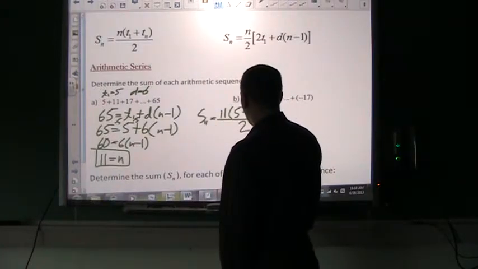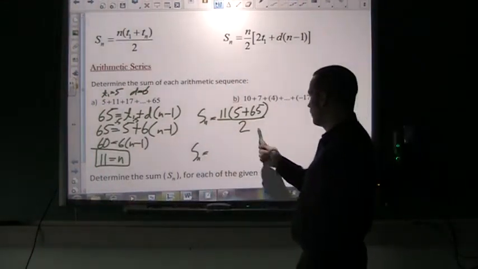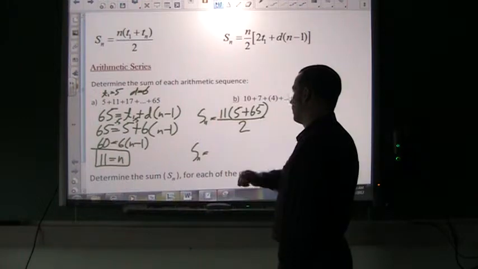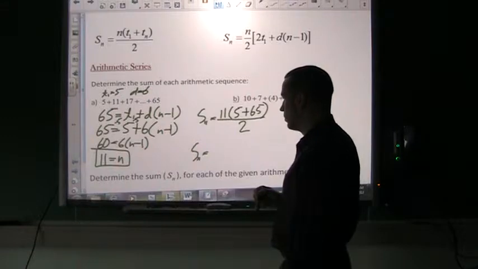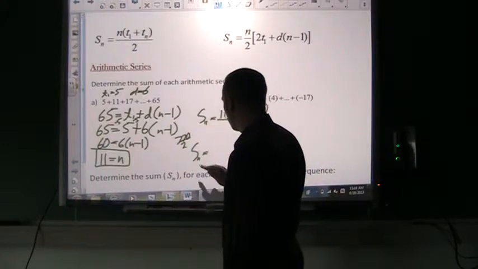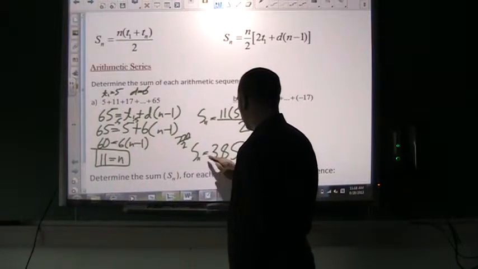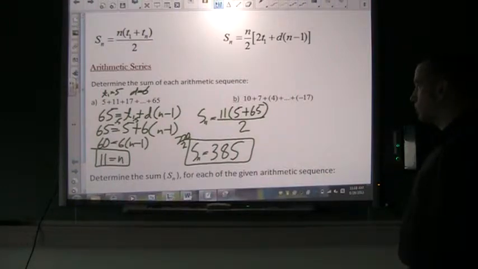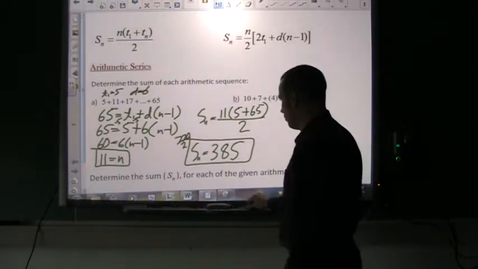So the sum of my 11 terms here, a little bit of quick math, 70 times 10 would be 700, but I've got 11 of them, so I've got 770. 770 divided by 2 is going to give me 385. So there is the total of my 11 terms. Now I'm going to end up erasing that because I need the space to do the next one.